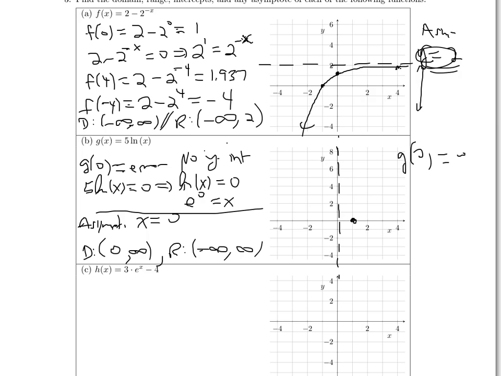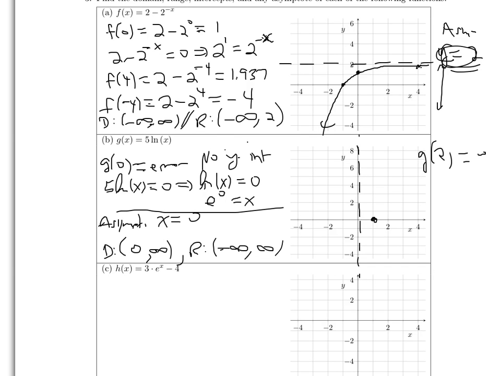So I plot g of 2. And to do that, you'll need to use your calculator, but because the base here is just base e, ln, then you're just calculating 5 natural log of 2. And it looks like 5 times the natural log of 2 is about 3.5. And keep in mind, I don't have to read this very accurately because my graph is pretty coarse. So about 3.5 is good enough, and then I can plot that about 2, and 3.5 is about there.